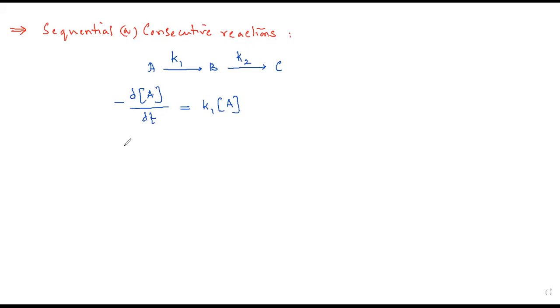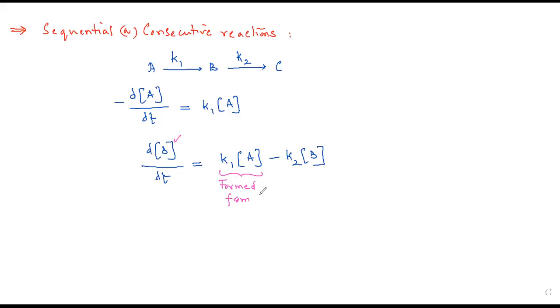When you are going for rate with respect to A, then coming to dB by dt, you are getting it from A, and of course even this B is decomposing into C. When you go for B, formed from A, then this is dissociated into C, isn't it?